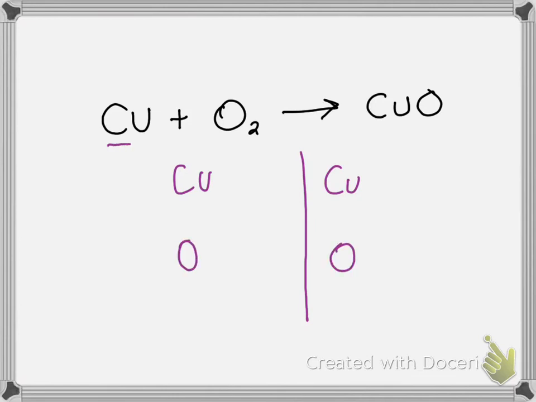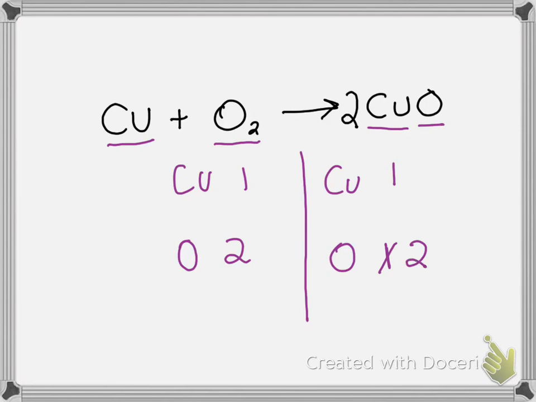So I start out with 1 copper and 1 copper. Then I would look at the oxygen, and there's 2 oxygens here, but there's only 1 oxygen here. So in balancing the equation, I would put a coefficient of 2 here. And that will multiply to my oxygen and change my oxygen to 2.